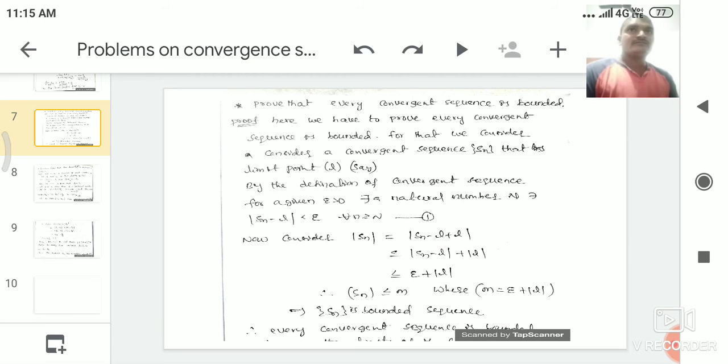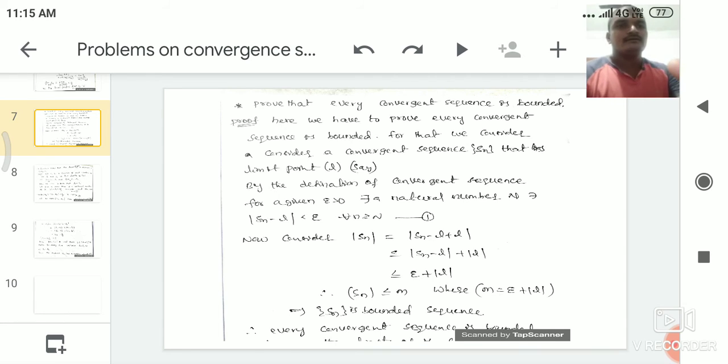From this we have to show that the sequence is bounded. So what is the definition of bounded sequence? Mod Sn is less than or equal to m. So by using mod Sn minus L less than epsilon, we have to show mod Sn is less than or equal to m. That gives the sequence is bounded. That is, every convergent sequence is bounded.